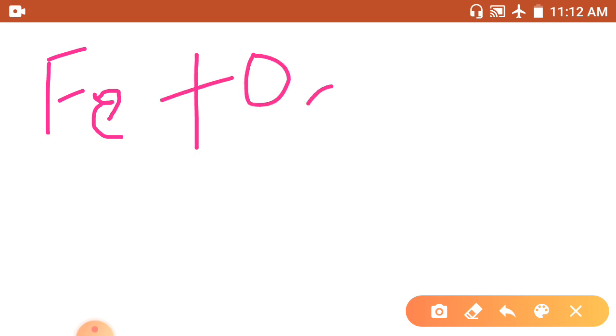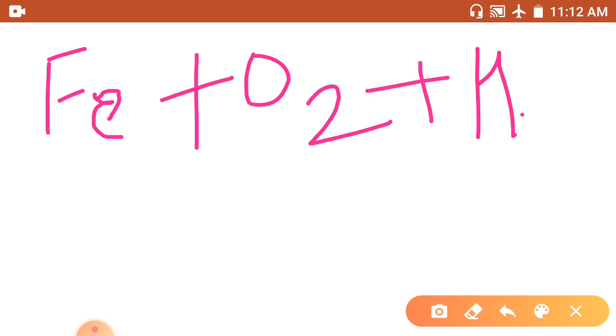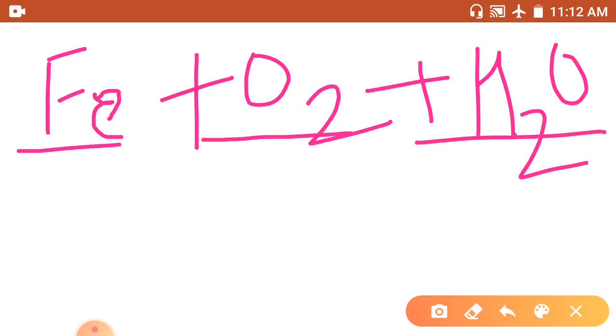The process of rusting can be represented by the following equation. Fe means iron. Fe reacts with oxygen, O2, and water, H2O.